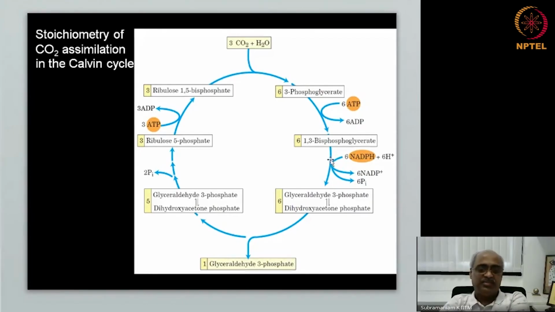So therefore, the energy produced, remember, this was produced by the proton gradient created in the thylakoid membrane. And this you remember at the end of the photosystem, when the electrons are transferred to NADP, and that is reduced to NADPH. So that's how we have these inputs going in, and this is the net output. Okay, so this is the summary of photosynthesis and carbon assimilation reactions.